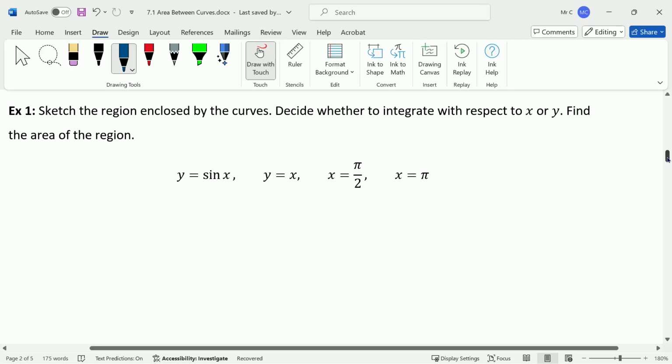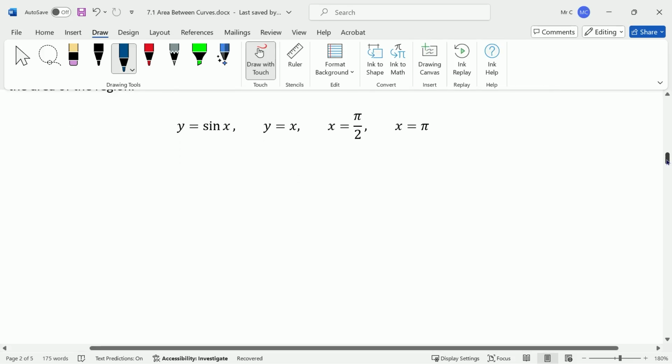Okay, so example 1: sketch the region enclosed by the curves, decide whether to integrate with respect to x or y, and find the area of the region. Now, most of the time, when we are trying to find these areas between curves, we'll want to find intersection points between the curves.